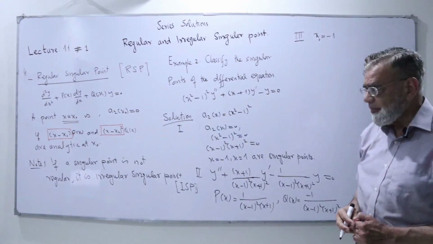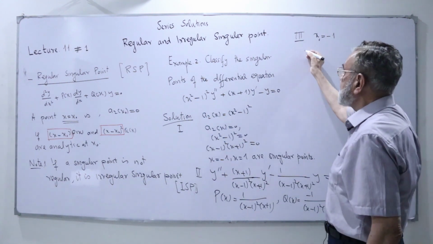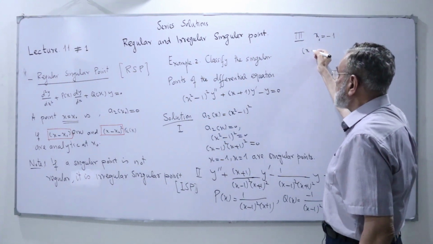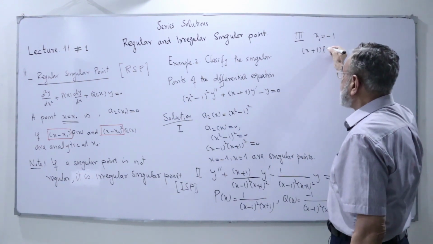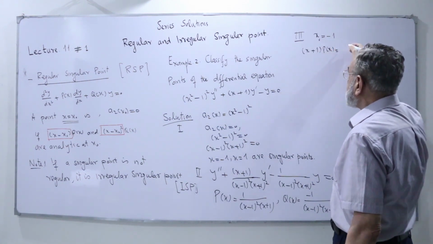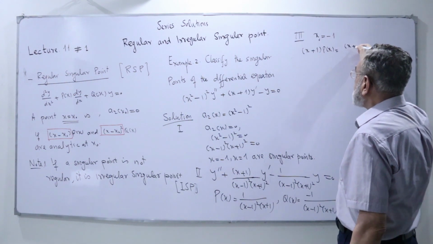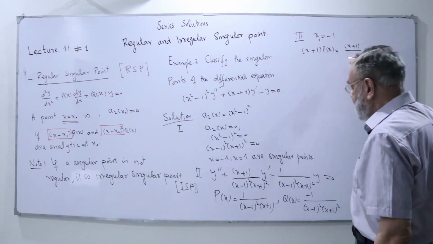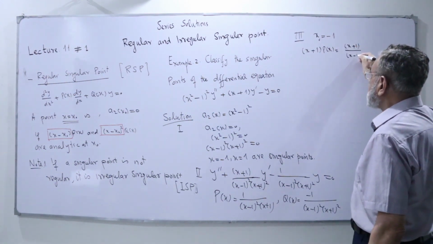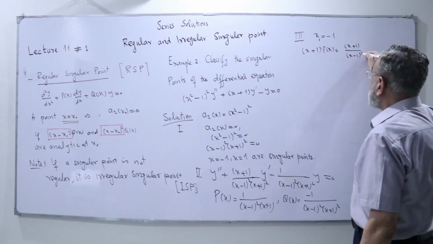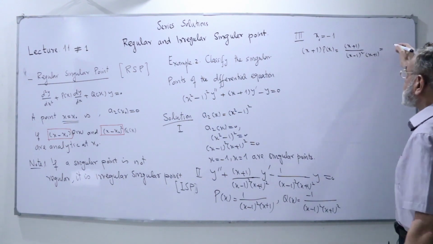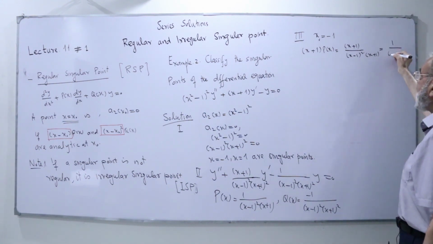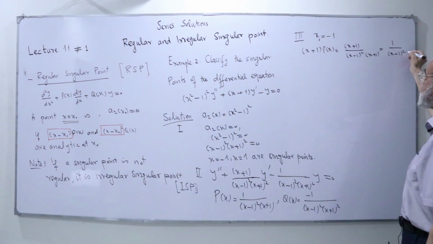So I multiply p with (x − x0), that is (x + 1) into p of x, and if I multiply here, I get (x + 1) over (x − 1)² (x + 1). So x + 1 is cancelled with x + 1, and we get 1 over (x − 1)².